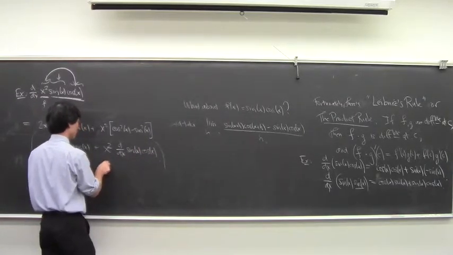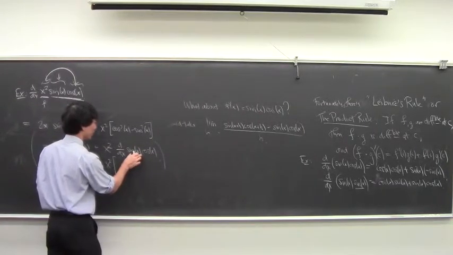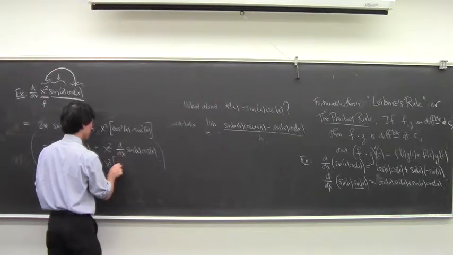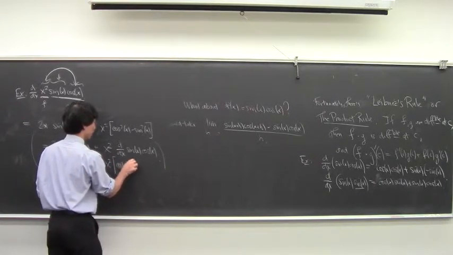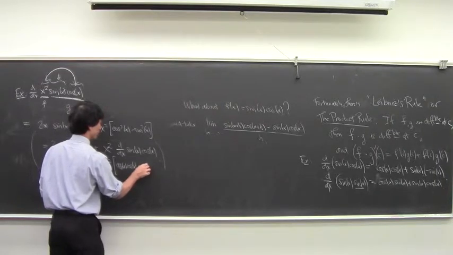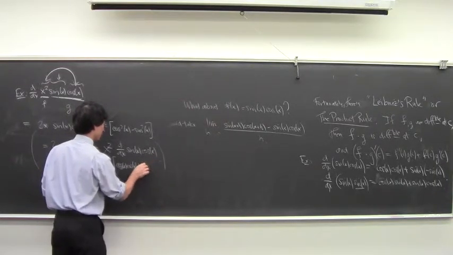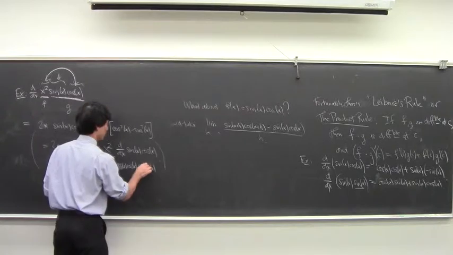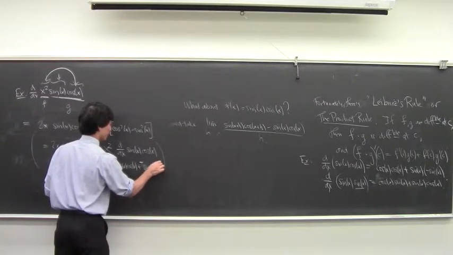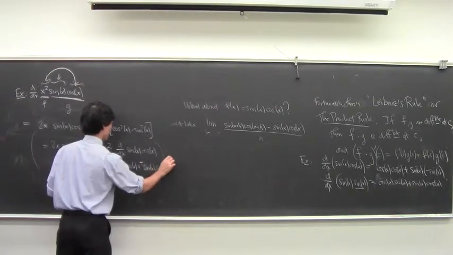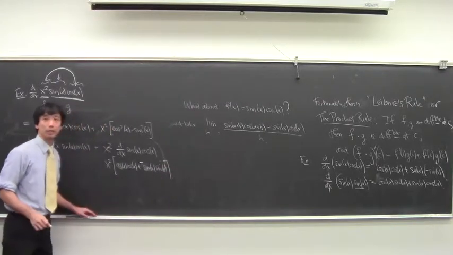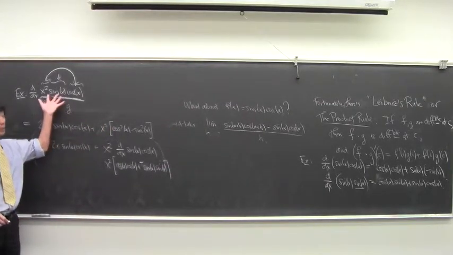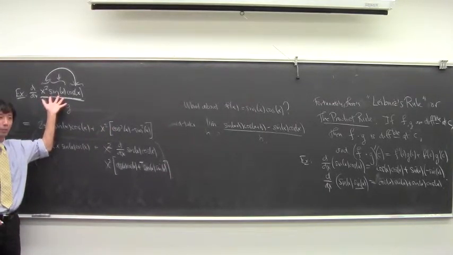And so we say, okay, this is going to be x squared times, well, now we take the derivative of the first guy times the second guy plus the first guy times the derivative of the second guy. If you have something like this, it's just a matter of applying the product rule iteratively.